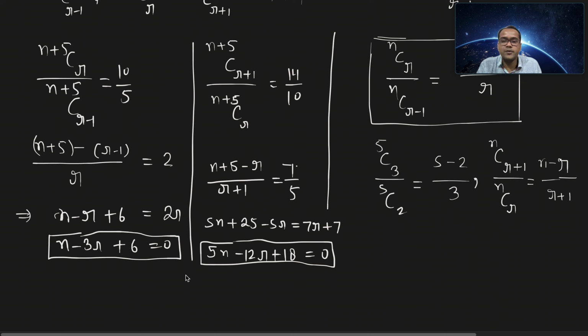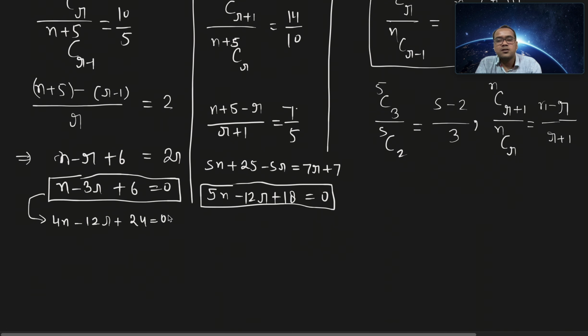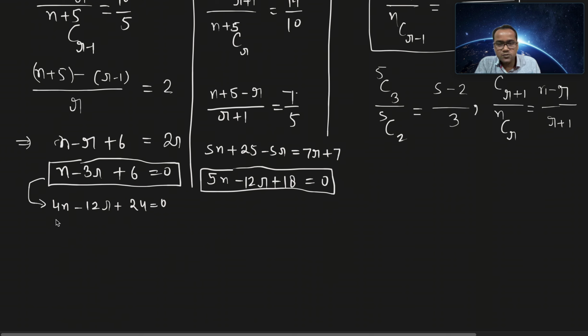Now I hope everybody can understand these are the two equations in n and r. We can solve these two equations and we can get the value of n and r. So for that purpose, let me make the coefficient of r here 12, because here it is 12. So let me multiply by 4. So that would be 4n - 12r + 24 = 0. Now you can subtract these two equations.